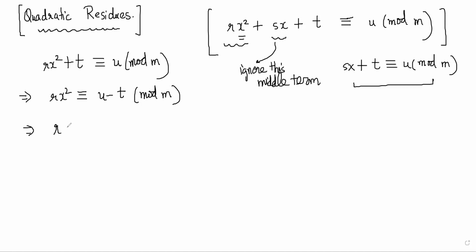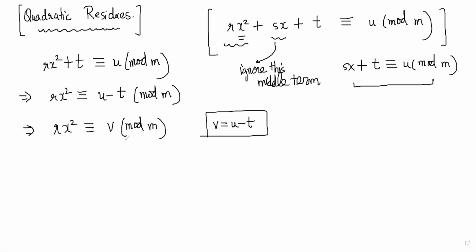You can first of all call u minus t as v mod m. We are saying v is equal to u minus t here, and these are all integers. So now it might be possible for you to divide this by r on both sides and say something like this: x square is equal to v by r mod m by GCD of m and r.